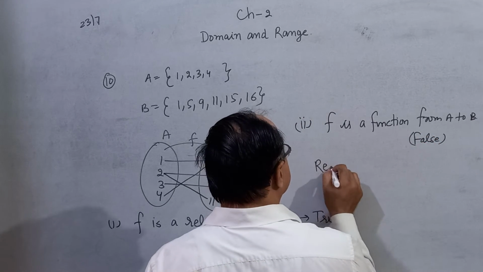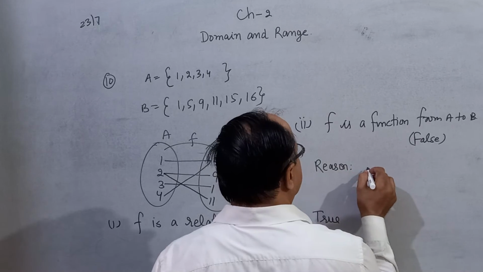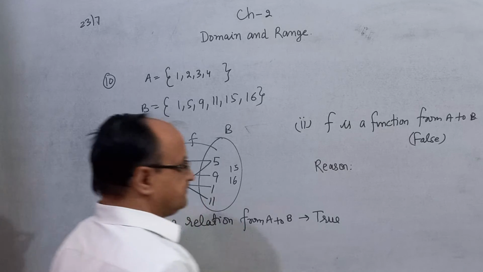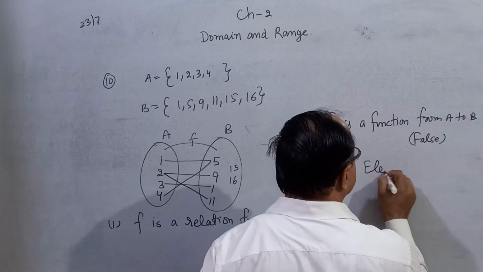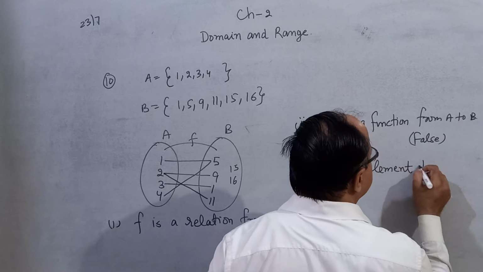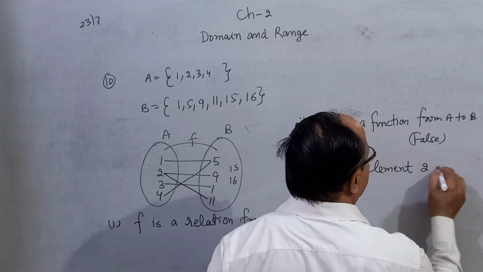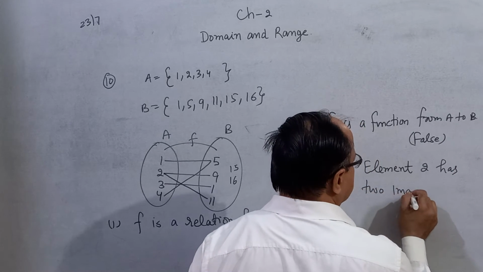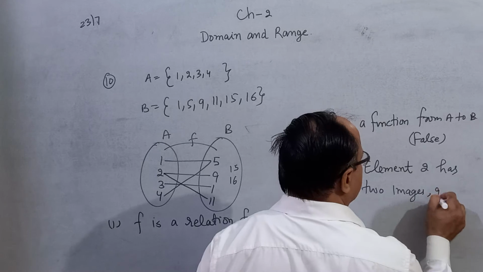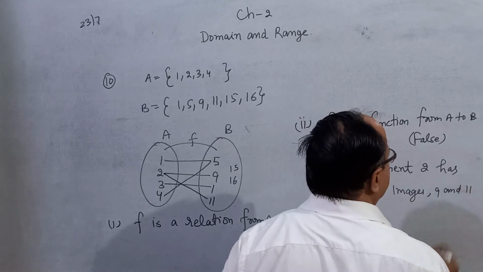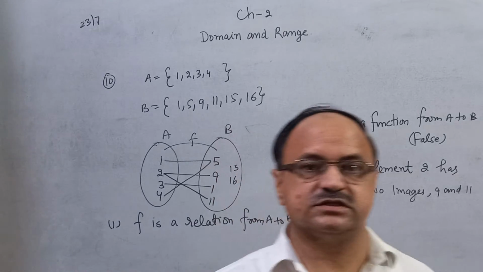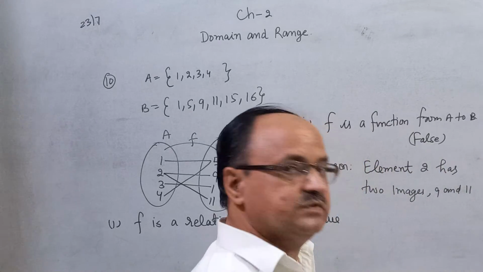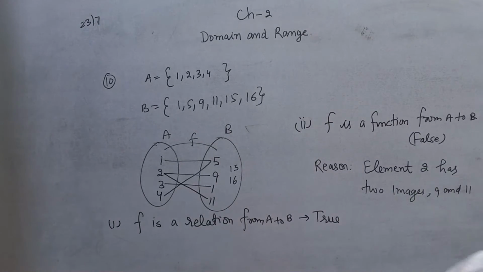Reason: because element 2 has 2 images, 9 and 11. Therefore it is not a function. This is the solution of question number 10, miscellaneous exercise, chapter number 2.